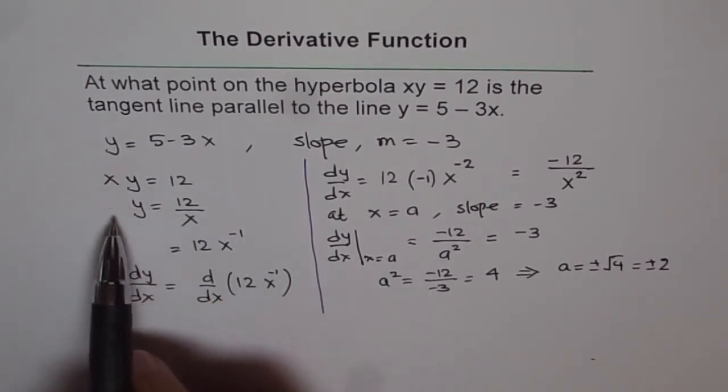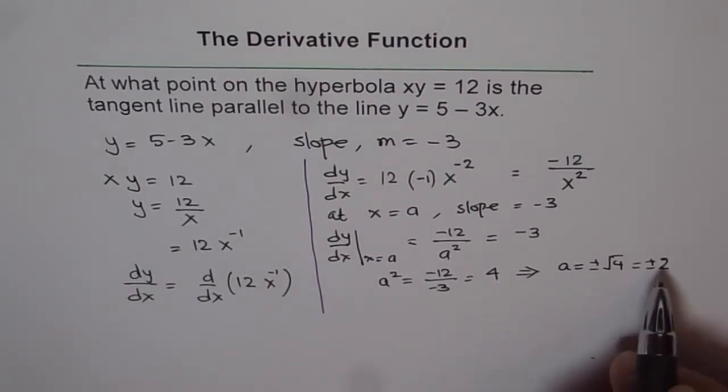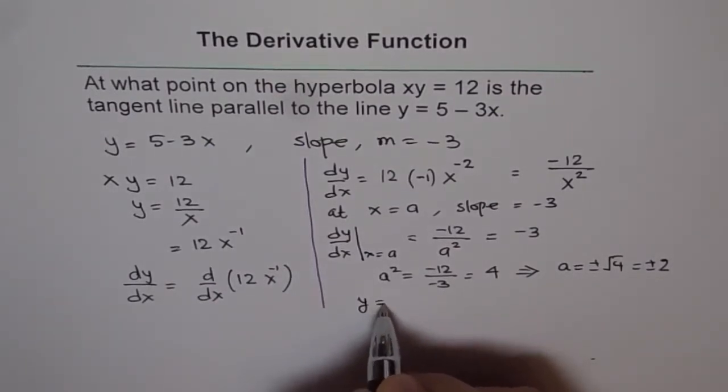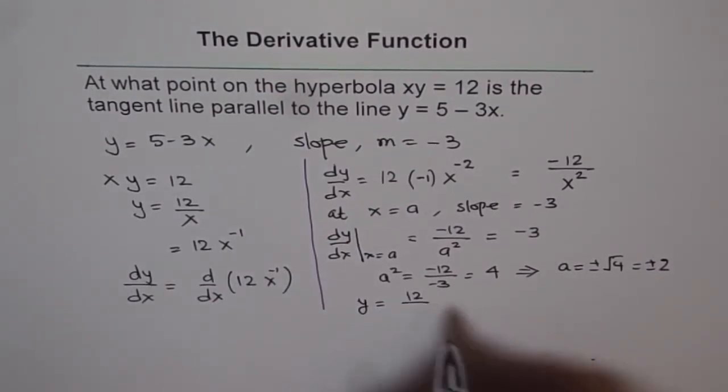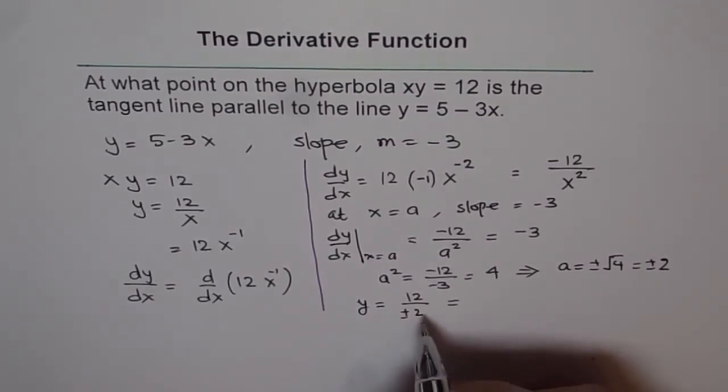Now the equation is y equals 12 over x. So x could be plus 2 or minus 2. Therefore the y coordinate will be 12 over plus or minus 2. So we get two answers here. If it is plus 2, then we get 6.